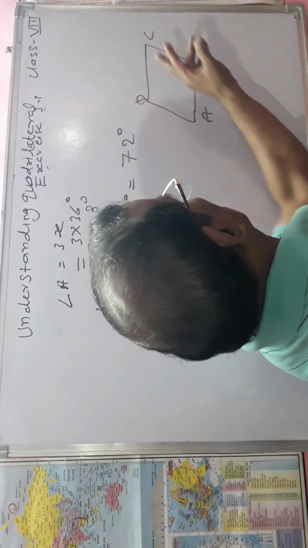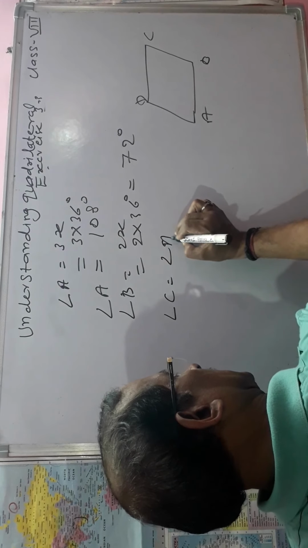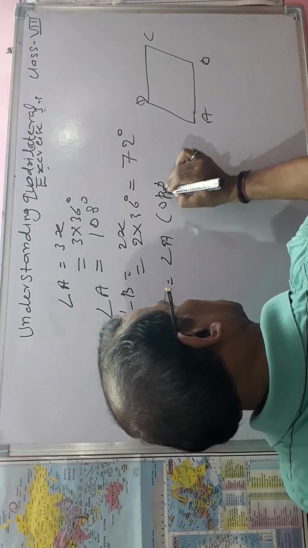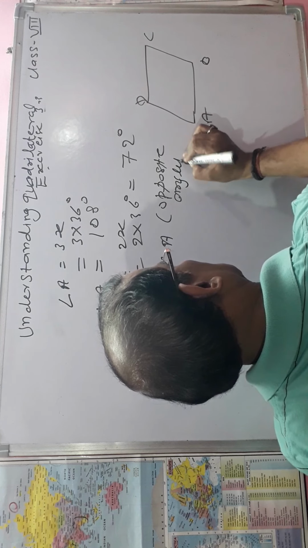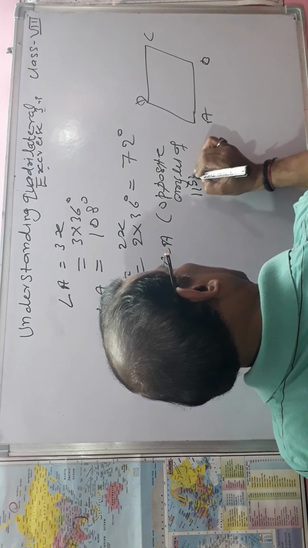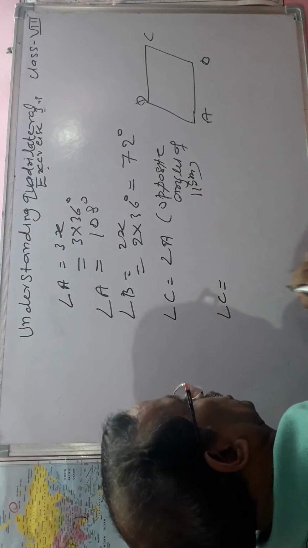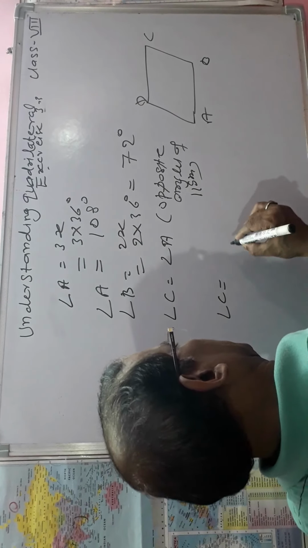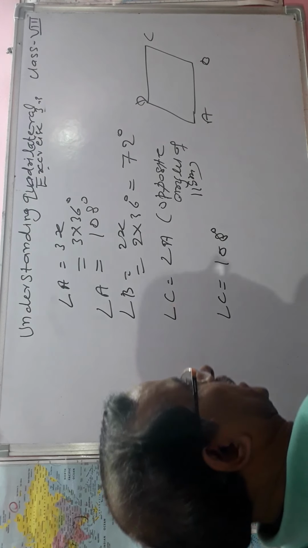Angle C is equal to angle A, opposite angles of a parallelogram, hence angle C is equal to 108 degree.